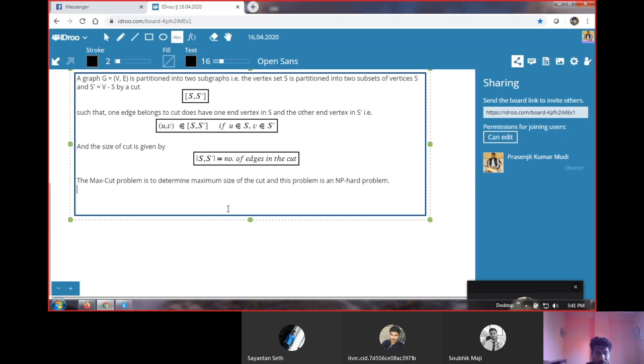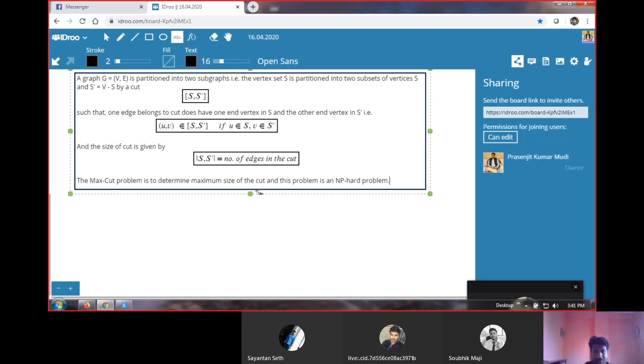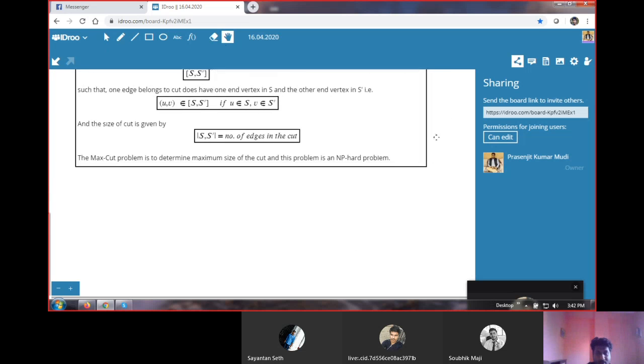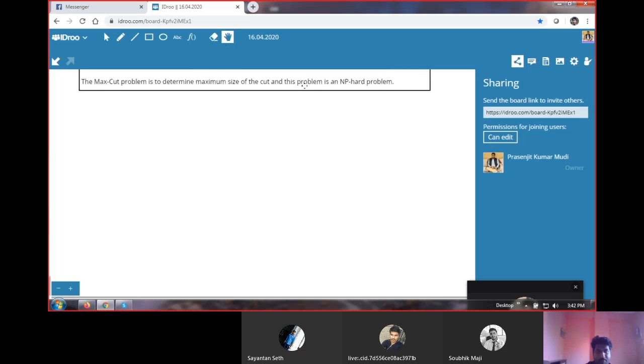Now, to design an algorithm for this NP-hard problem, we can design a randomized algorithm or a probabilistic method. So let's go for this.